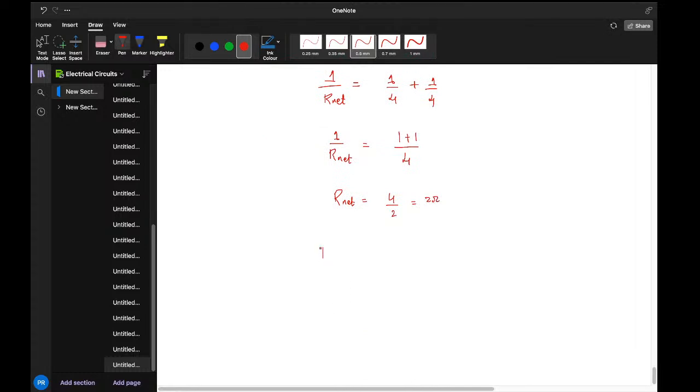Also R net plus 3 ohm equals R total. This is the equivalent resistance of the circuit.